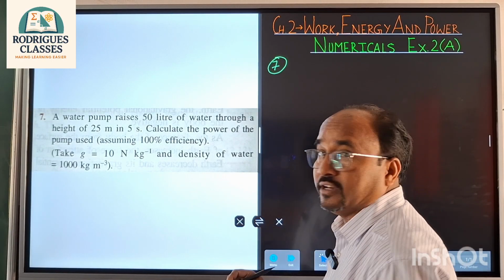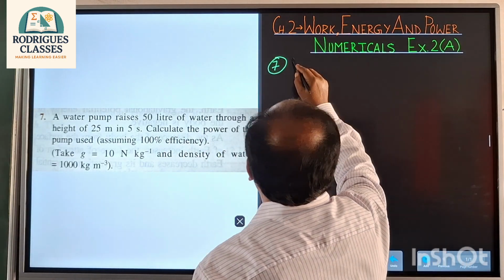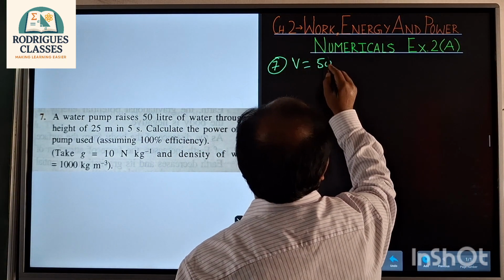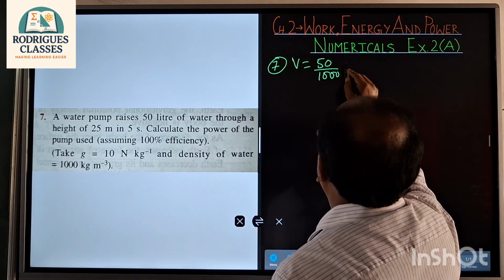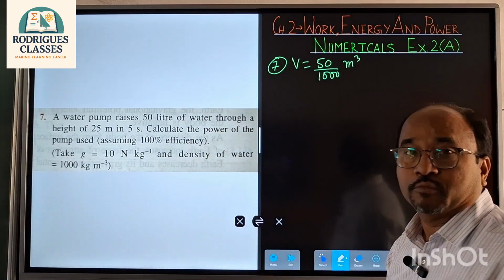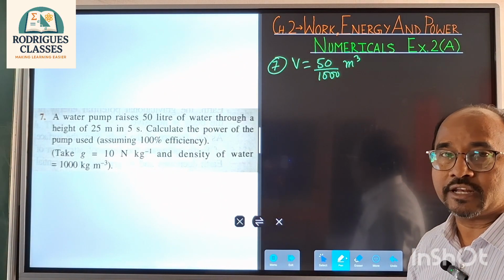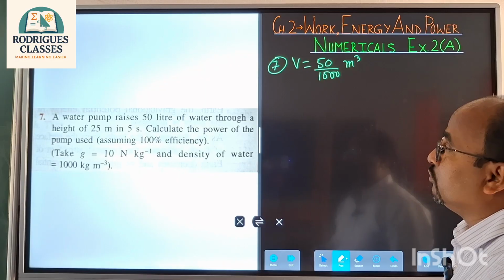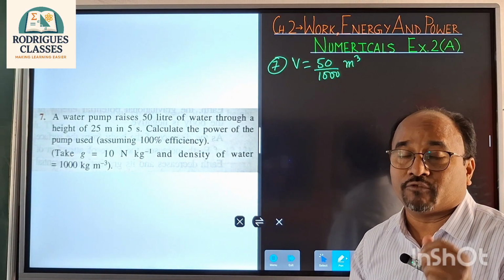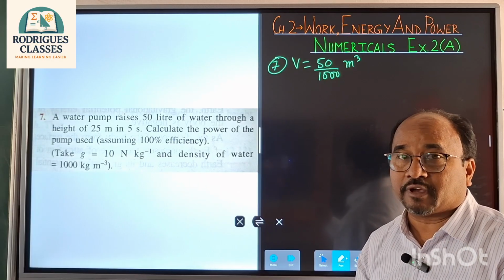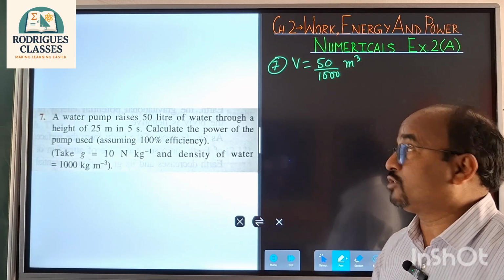So let us see here how we work it out now. First of all, this volume which is 50 liter, I am dividing by 1000 to convert it into meter cube. Hope you have understood this, because 1 meter cube is 1000 liter. So we know the volume. Then we know that density is mass by volume. From there, if I want to calculate mass, I get density into volume.